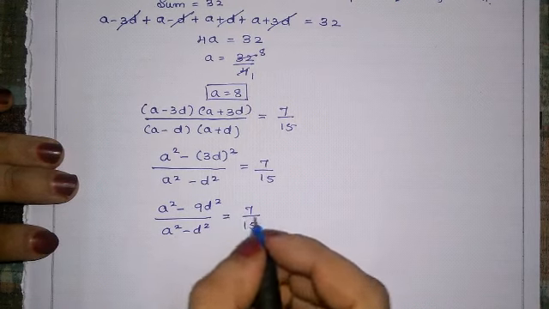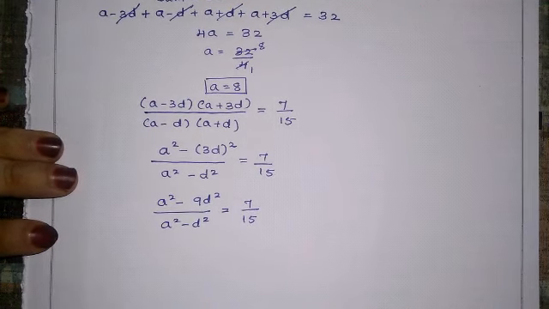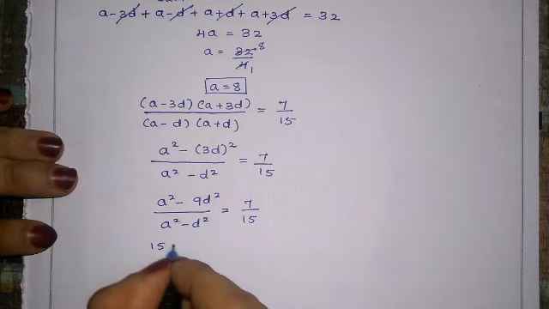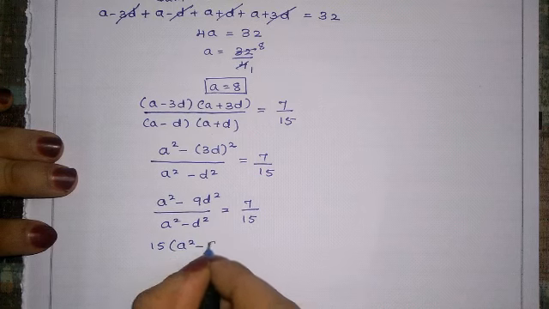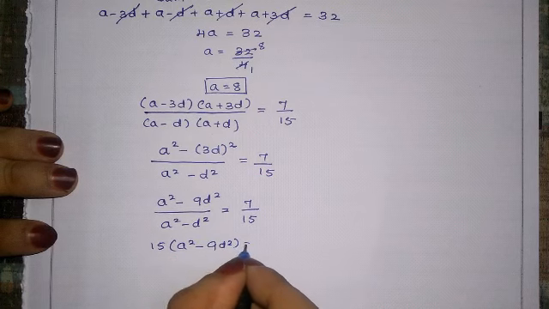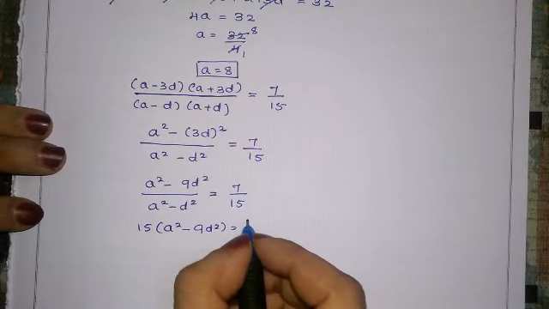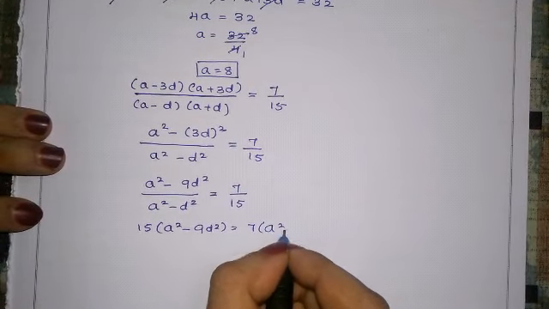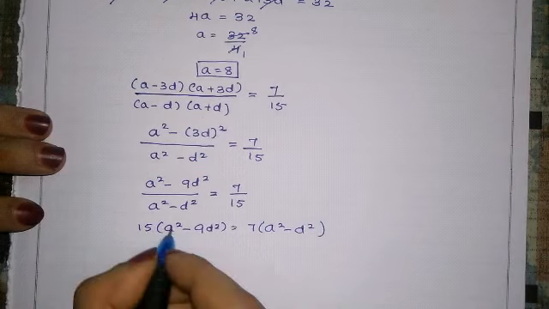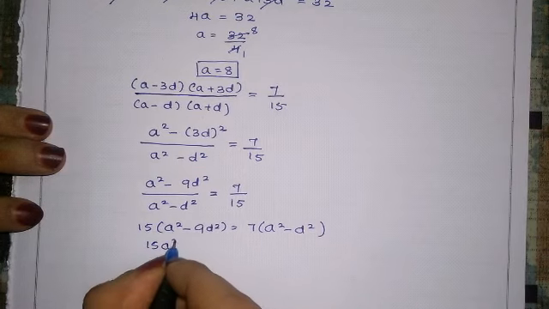Now let us cross multiply this. 15 into (a² − 9d²) is equal to 7 into (a² − d²). 15 into a² is 15a².